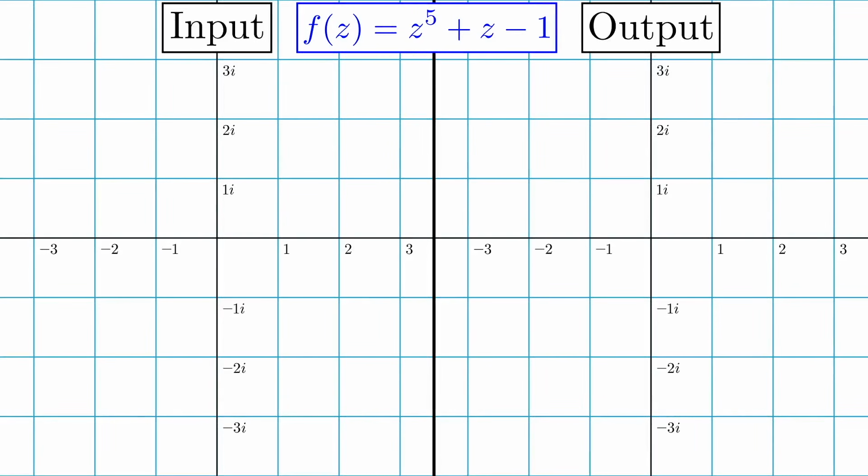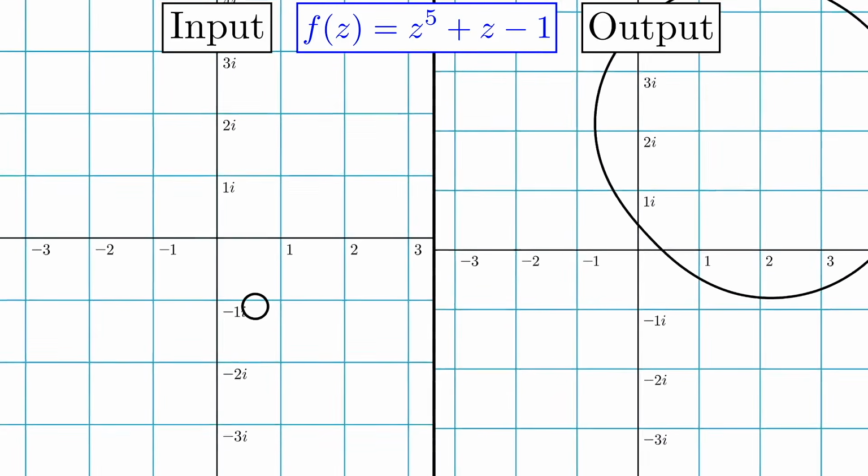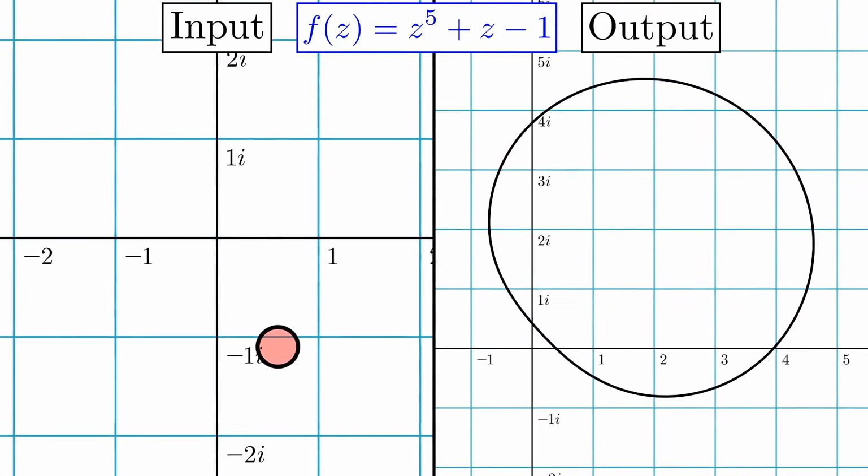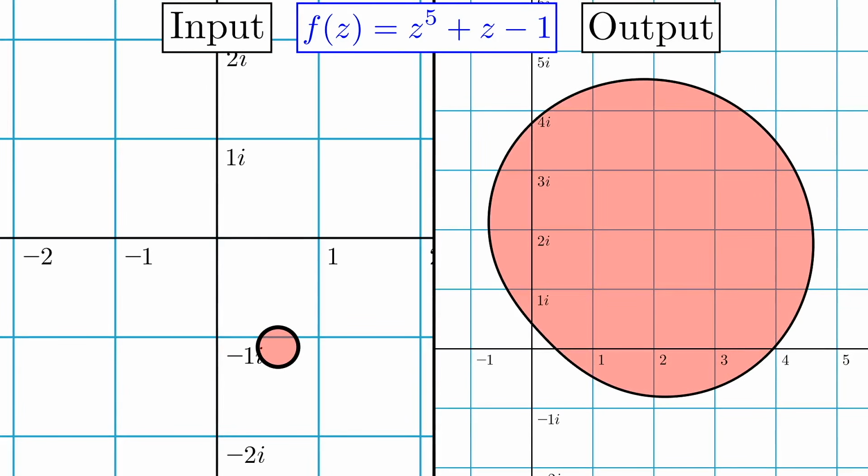If I stick to this polynomial f of z equals z to the fifth plus z minus 1, then I can draw a circle here in the input plane, and look at where all of those points end up in the output plane. The points inside this circle in the input plane map exactly to the points inside this loop in the output plane.